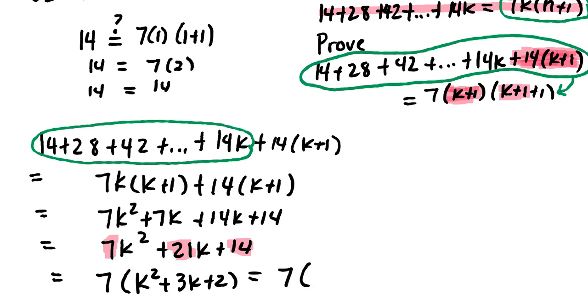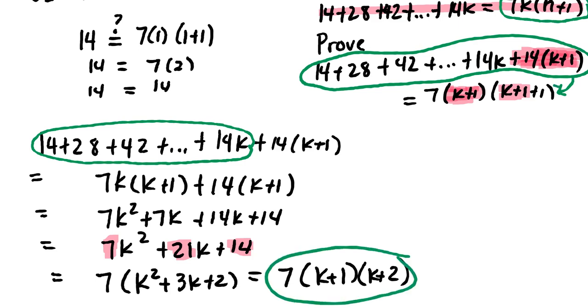K squared plus 3k plus 2 factors into a binomial times a binomial. And that's k and k, 1 and 2, with both pluses. And hopefully you can see that I've now got to the other side of the statement that I wanted to prove.